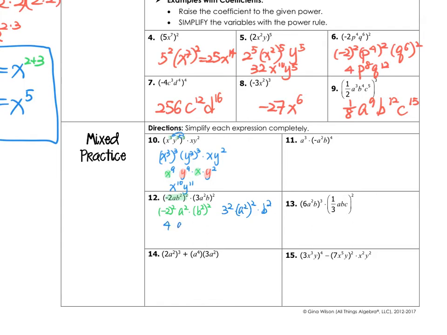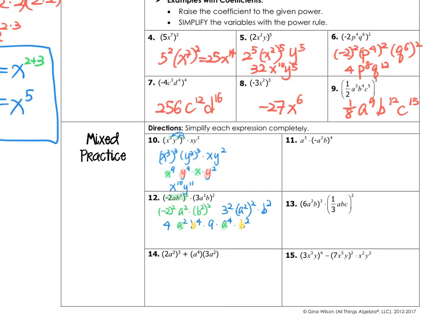I should have 4a squared. 2 times 2 is 4 here. 3 squared is 9. A squared again. 2 times 2 is 4. And b squared. Now I'm in the situation where I have the same base of a, there, and then the same base of b there. So then I keep the base.